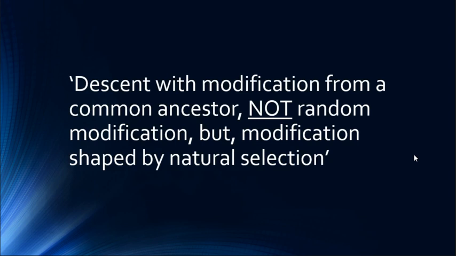You have a common ancestor, you have selective forces shaping those individuals and therefore populations. The genes in the population change over time. That is evolution. Now, the traits themselves, those are random. Mutations, recombinations, stuff like that, okay? Those are random. But the selective pressures are absolutely not random, okay?